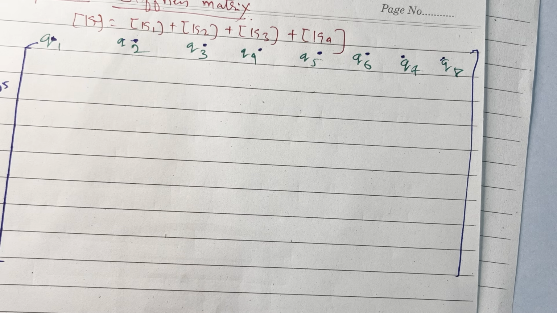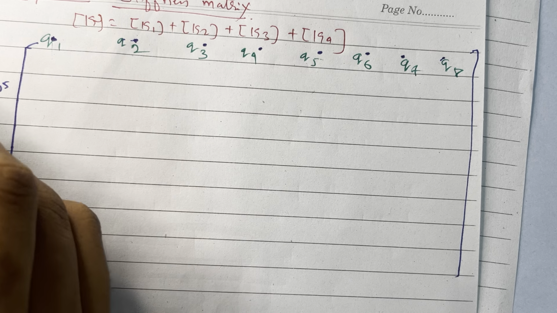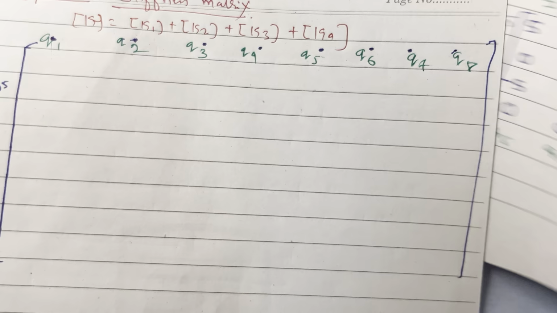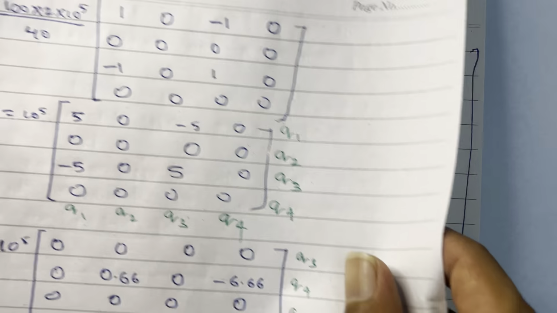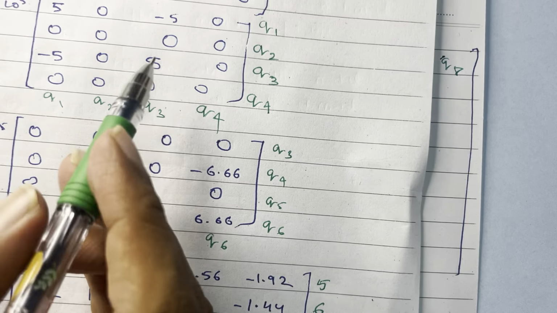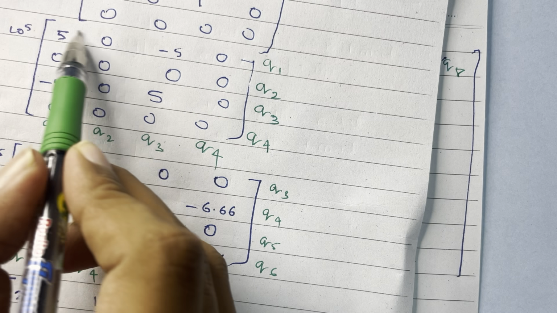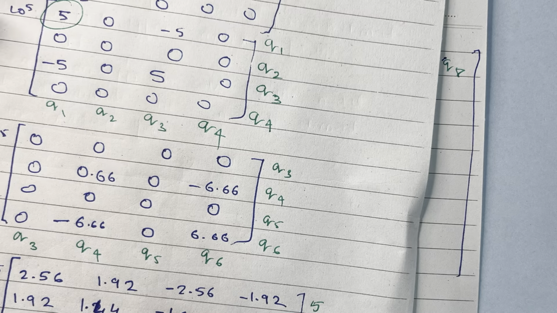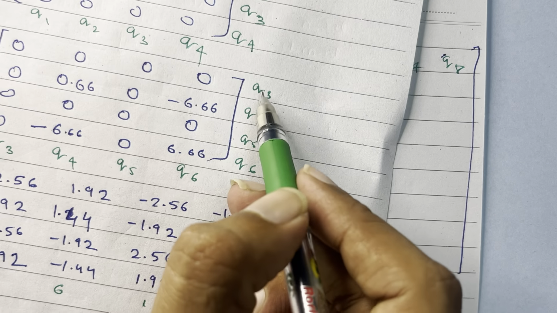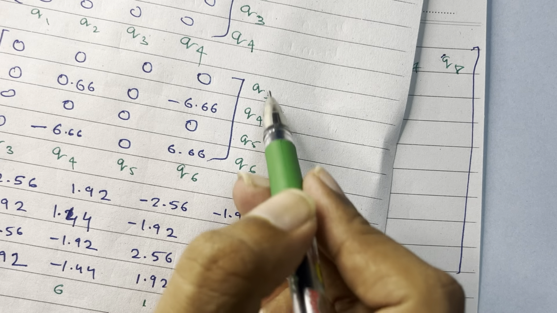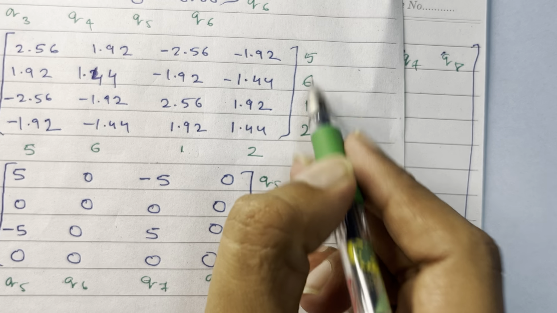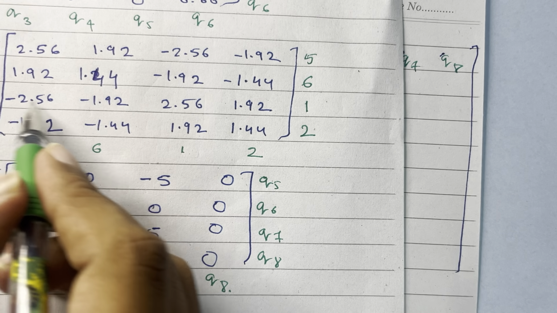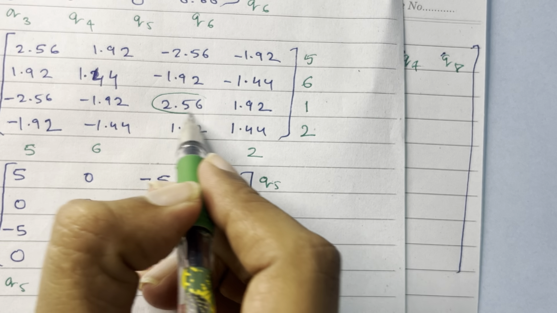Just we have to identify the Q1 column, Q1 row in these elements. Okay, here in this you can see we have one Q1 row, Q1 column, this value. Similarly, we just verify Q1 values here. In the second element we don't have any Q1 values. In the third element we have this Q1 row and this Q1 column, that is 2.56.